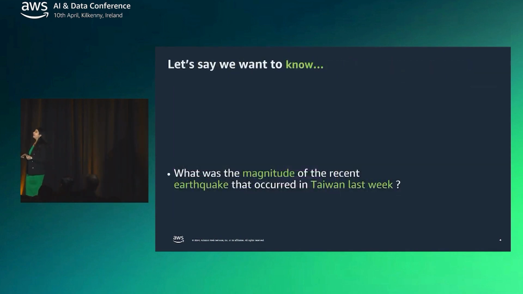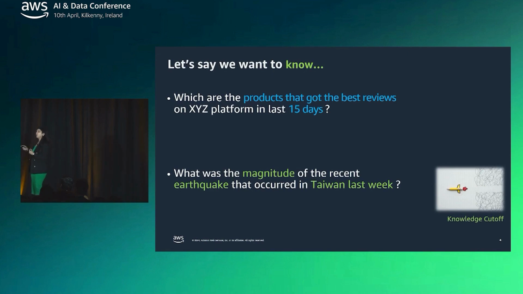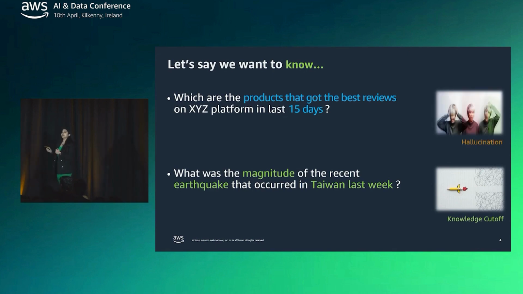However, there are some challenges. There could be some challenges with traditional foundational models, which are knowledge cutoff and hallucinations. I'll go through them one by one. By knowledge cutoff, I mean, let's take a very simple example of a chatbot.